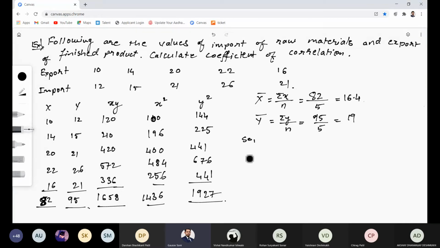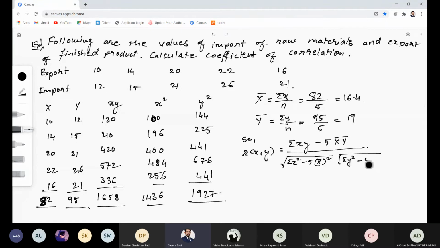So r of xy is equal to summation xy minus 5 times x bar y bar, upon under root summation x square minus 5 times x bar square, under root summation y square minus 5 times y bar square.